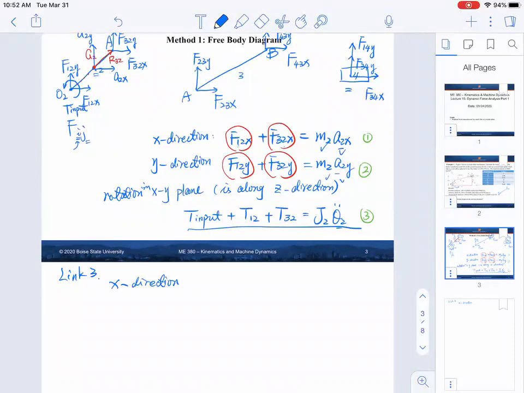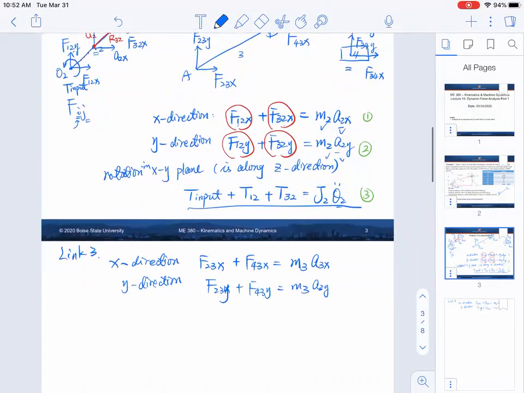Your 1, 2 right now becomes 2, 3, and your 3, 2 right now becomes 4, 3. It's no longer link number 2, it's link number 3, and the acceleration is a3 then. And then the same thing for the y direction. You have your f23y, f43y equals m3a3y. And then the rotation is going to be t23 plus t43. That's going to give you another angular acceleration.